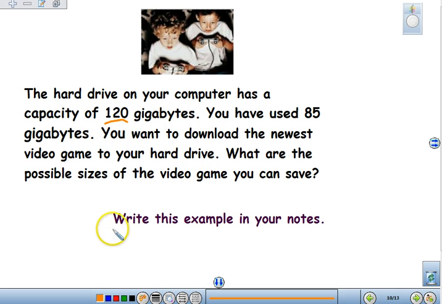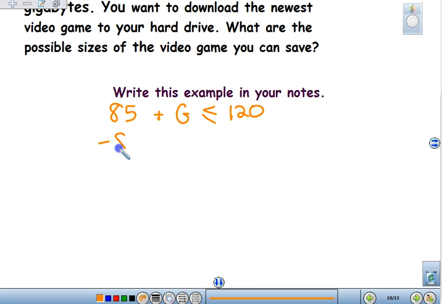We've used 85, plus I'm going to use G for gigabytes. In this case, can we use more than 120? No, because we only have 120. Could it be exactly equal to 120? It could. So as we solve this, we're going to subtract 85 from both sides, subtraction property of inequality.